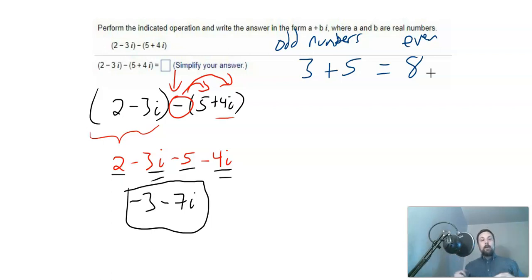So this property, of complex numbers or just any set, if you take two things from a set and do an operation with them, and you get another thing within that same set, that's called closure. So we have a technical name for that. The way I would say this is that the complex numbers are closed under addition and subtraction.